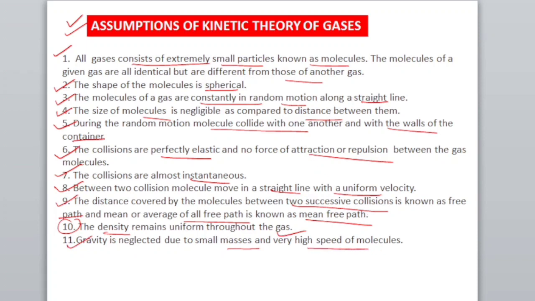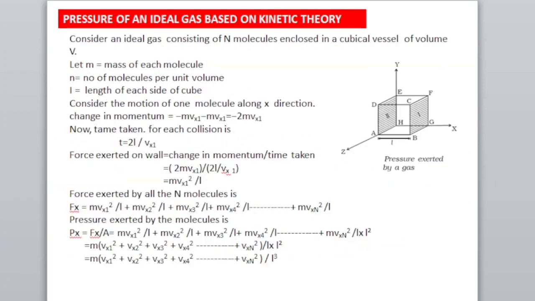On the basis of these assumptions of the kinetic theory of gases, the next important topic is how to derive the pressure of an ideal gas. A gas exerts pressure due to the continuous collision of its molecules with the walls of the container.